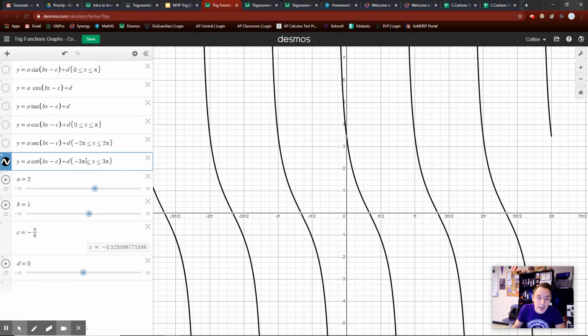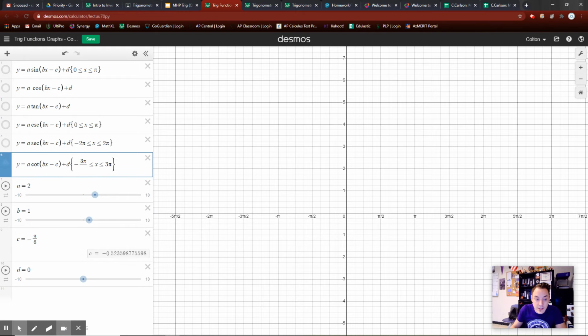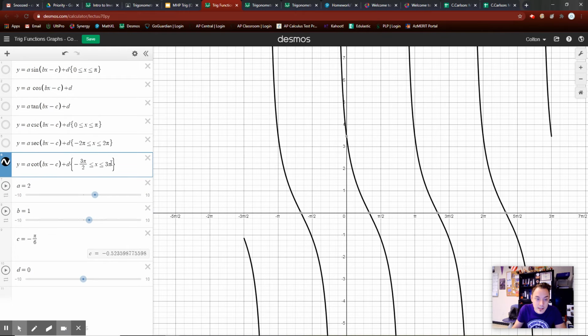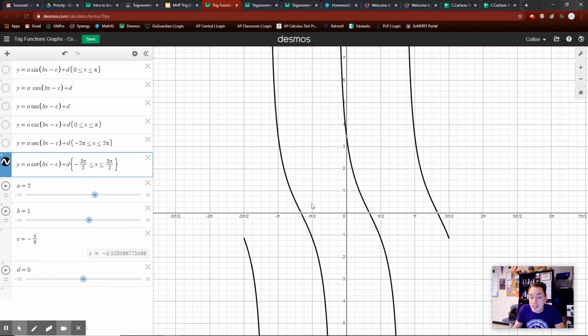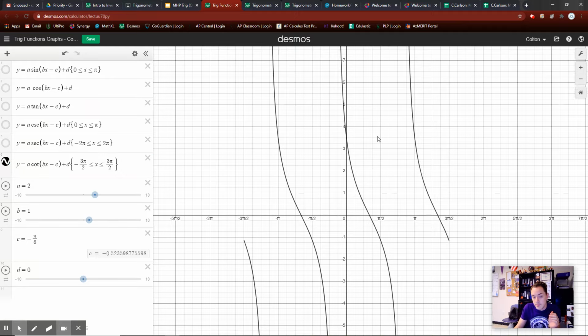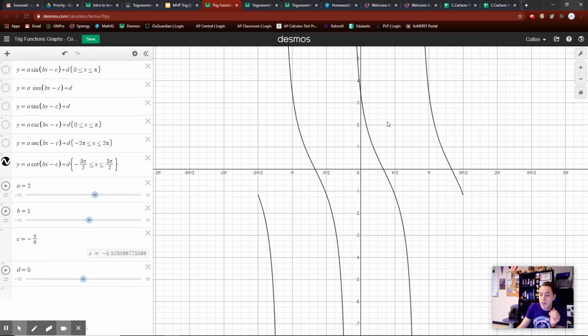So really, this is why it's very difficult to graph, because we really can't get any better than this. This is pretty good. So this is 1 and this is 1. And so this is a little bit more than 2 periods, but this is actually really good. So as long as I have 2 solid strokes right here, 2 solid branches, I'm solid. Okay, I'm good. But that's what it would look like.